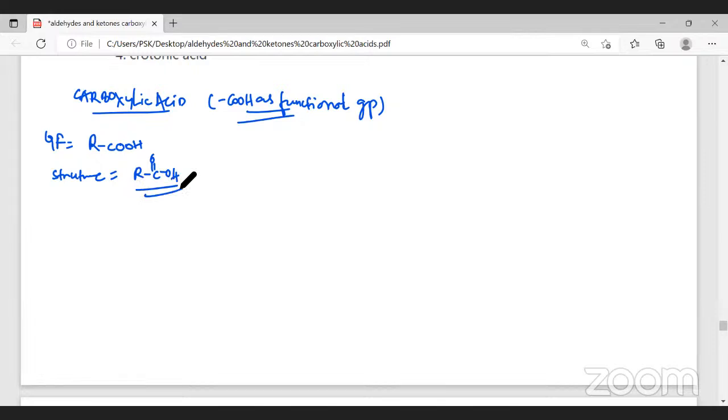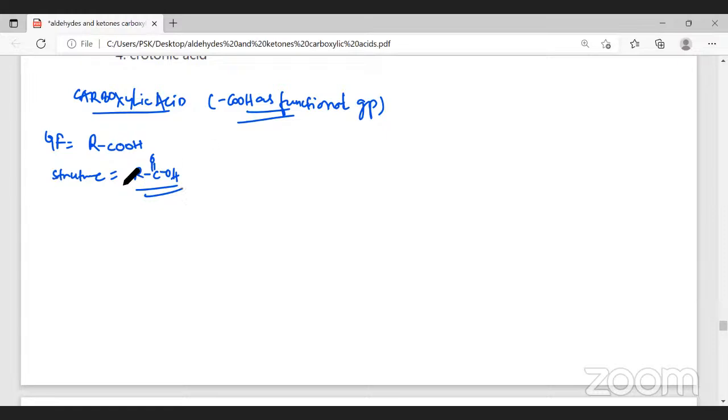Now we have to learn the classification of carboxylic acid. Depending on the number of COOH groups, carboxylic acids are classified as mono, di, tri, etc. And based on the nature of the structure, it can be either aliphatic or aromatic.